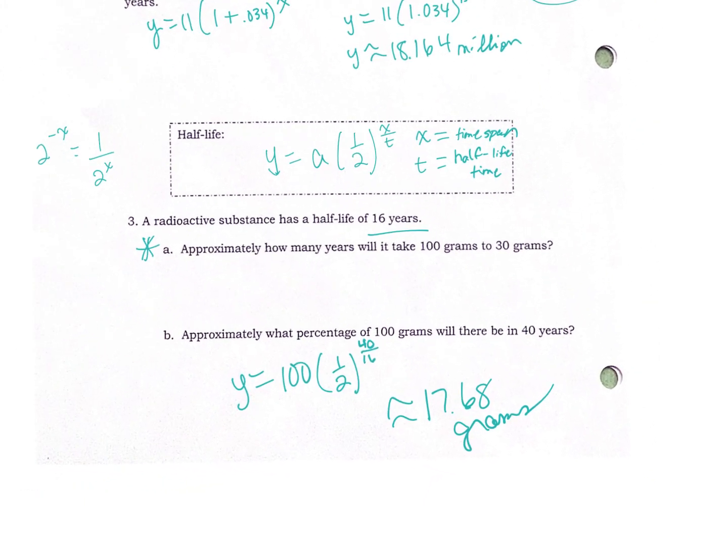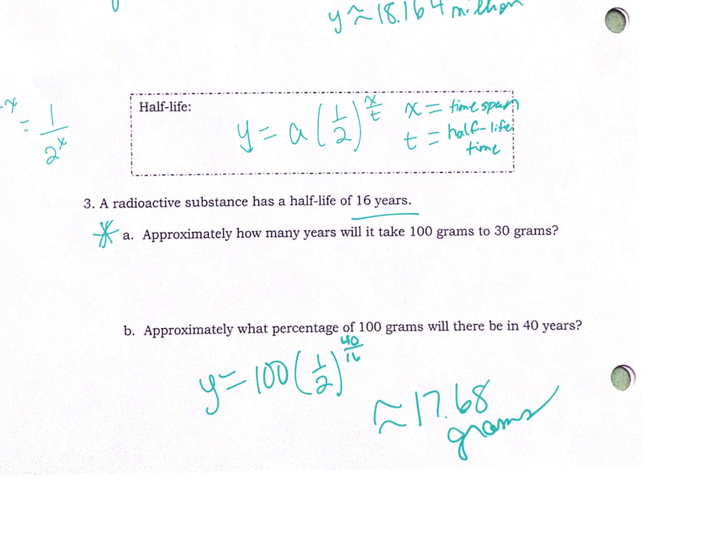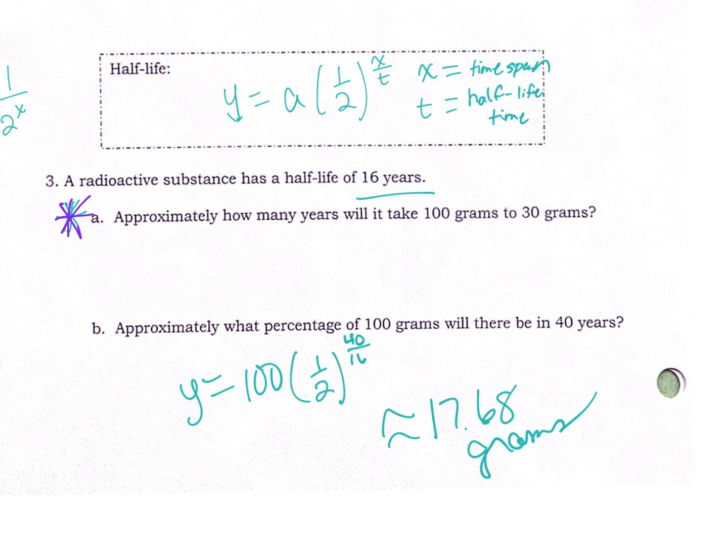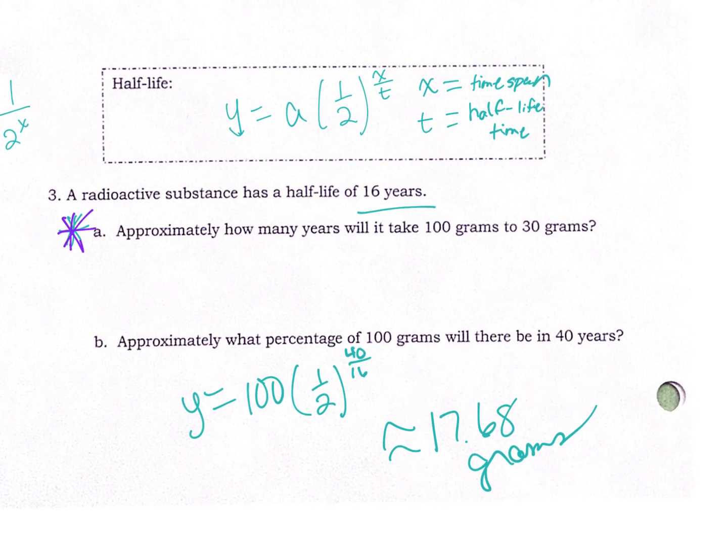Anyway. Okay, let's talk about letter A just very quickly. Where are we going to plug in this stuff? Where's the 100 going to go and where's the 30 going to go? Go ahead, Sharon. Okay, so the 100 is the A. And we know we have a 1/2.